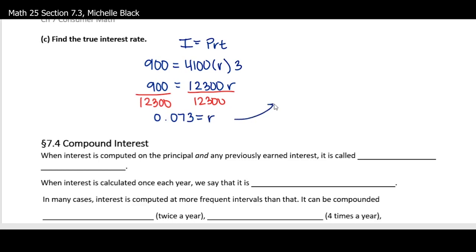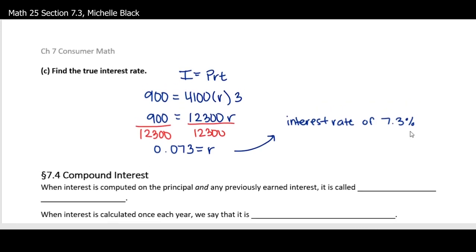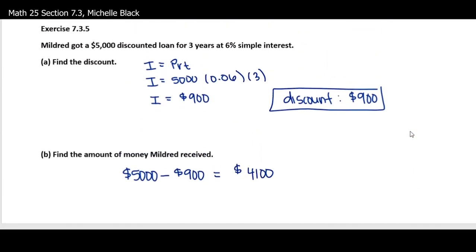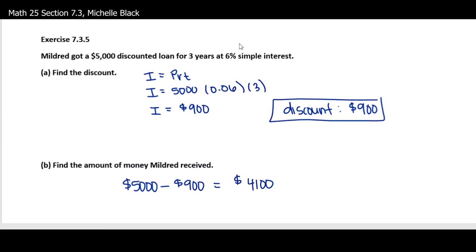And changing this into a percent gives us an interest rate of 7.3%. So sometimes people consider these discounted loans to be deceiving because technically she paid an interest rate of 7.3%, even though it's advertised at 6%, because they took this interest off the total amount that she was given at the beginning.